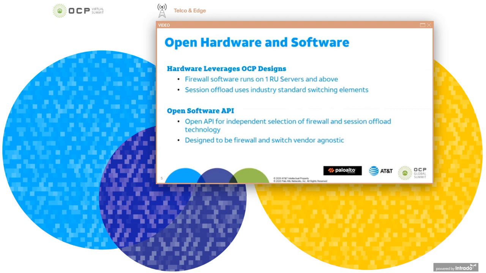And because the API will be developed openly, and we're looking for input from both vendors and potential users, it will be agnostic to the firewall or the hardware offload, the switch implementation.